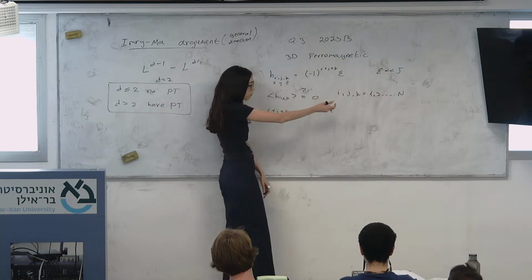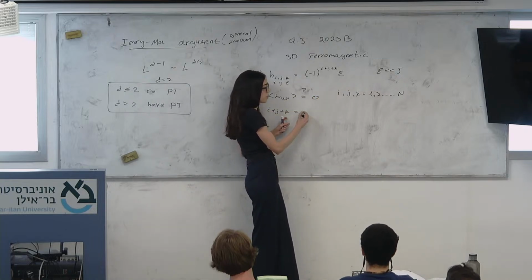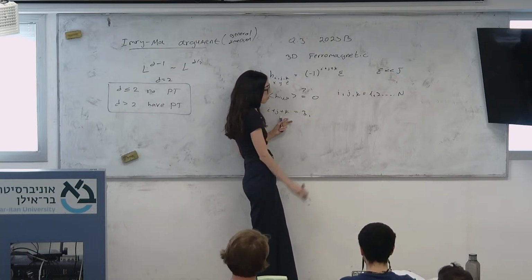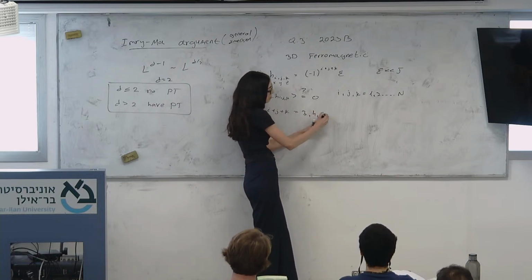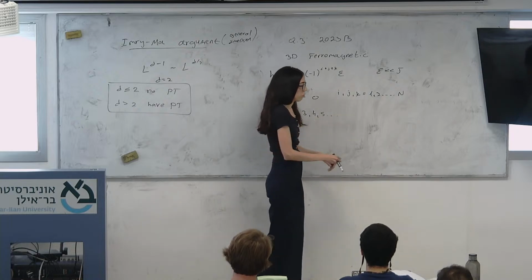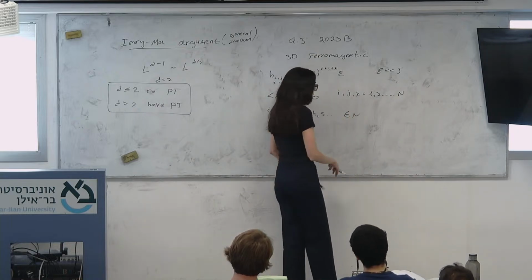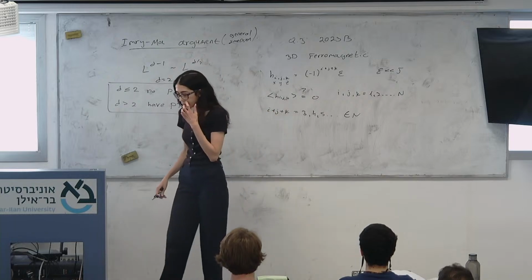But even if we start it from 1, the minimum value is going to be 3. And then the next one is going to be 4, and then 5, and then all of the natural numbers, basically, starting from 3.